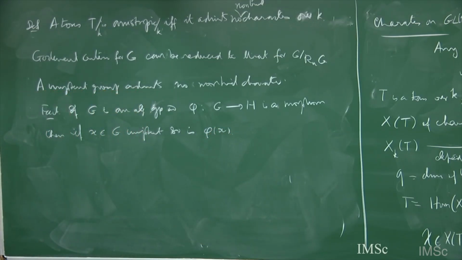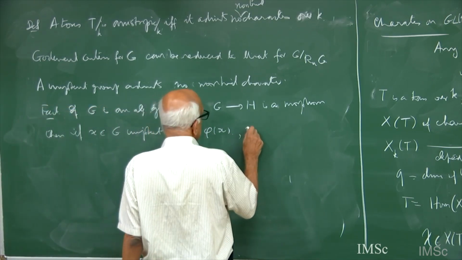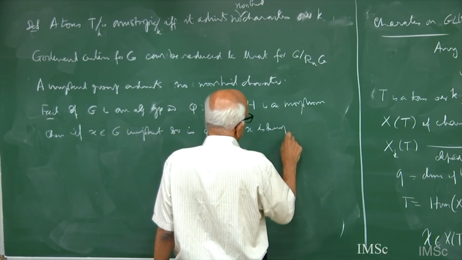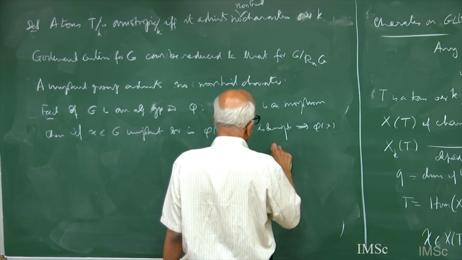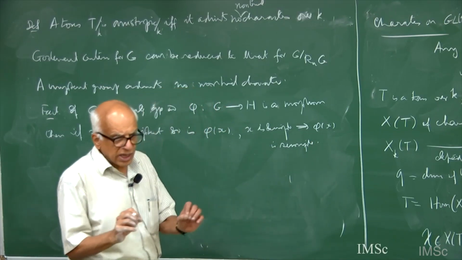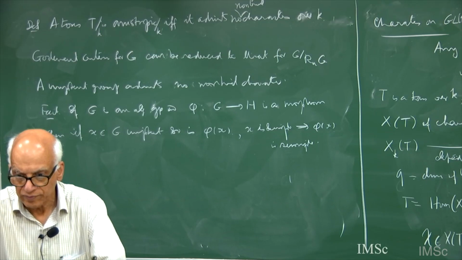Unipotent elements will go into unipotent elements, and similarly semisimple matrices will go into semisimple matrices under this map. If X is semisimple, it implies phi(X) is semisimple. In fact, the Jordan decomposition of any element into a product of semisimple and unipotent elements carries over under phi.